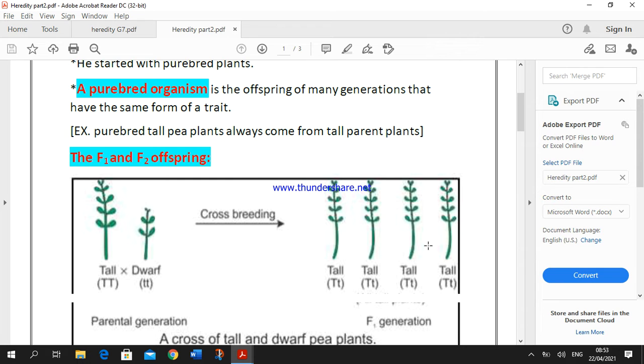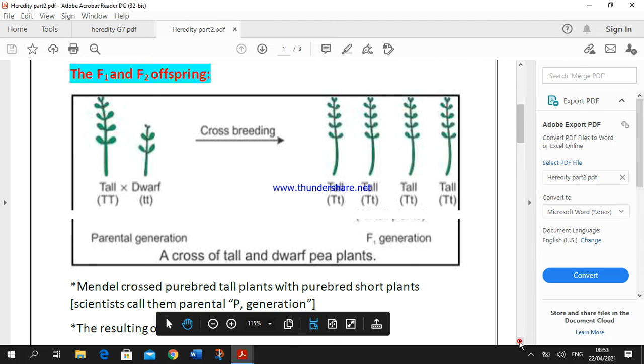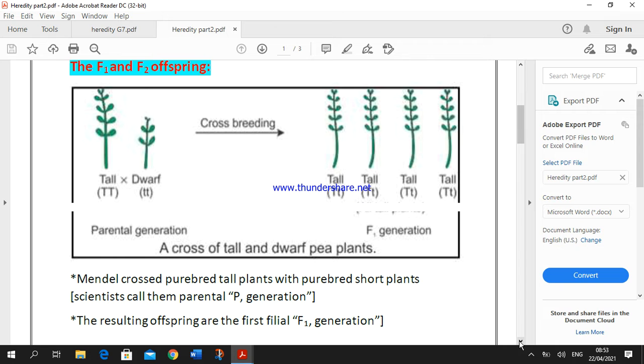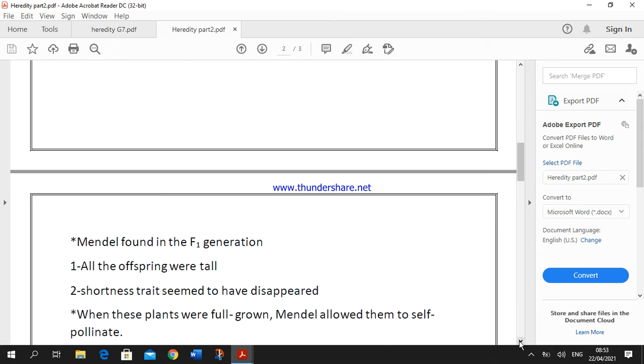Mendel repeated his experiments even more, studying other pea plant traits, okay, such as color and seed shape. In all of his crosses, Mendel found that only one form of the trait appeared in the first generation, okay? However, in the second generation, the lost form of the trait always reappeared in about 1/4, equal to 25%, of the plants, okay?